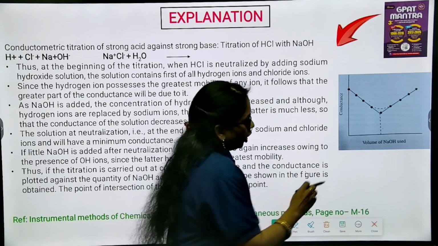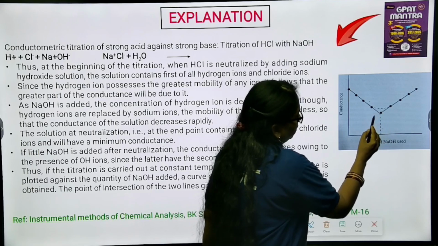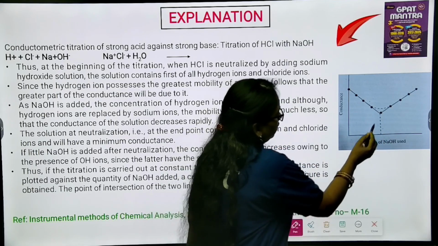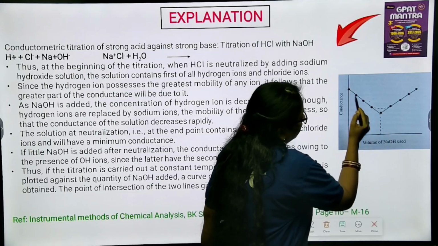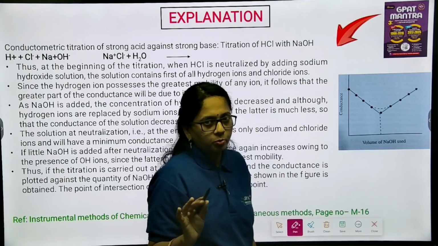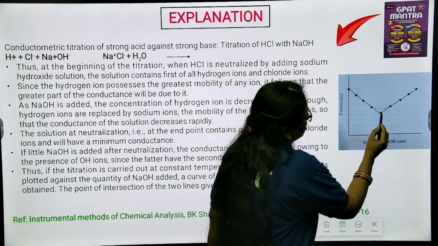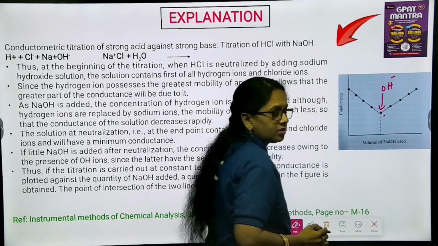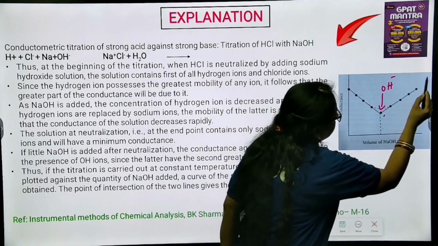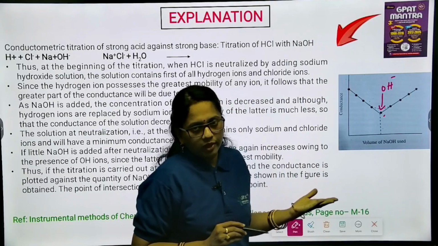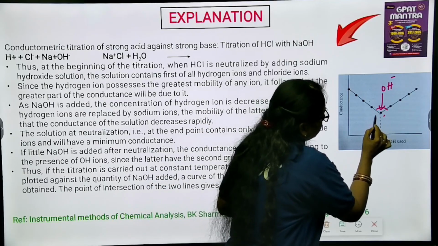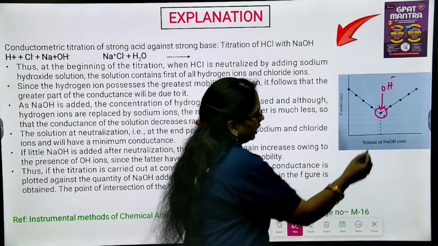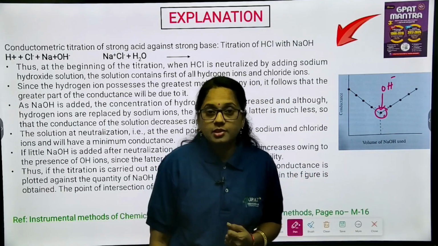Whenever the end point has been reached, all the acetate ions have been consumed. Thereby the addition of OH minus ions is going to cause a rise in the conductance value. So after the end point, again you are going to see an increase in the conductance value. The intersection point is taken as the end point.